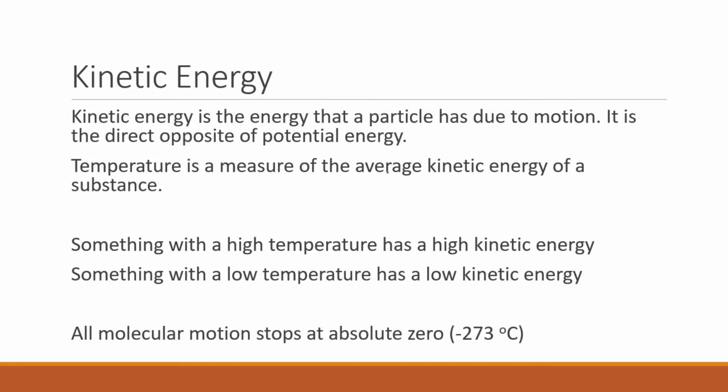Temperature is a measure of the average kinetic energy of a substance. Which means something with a high temperature has a high kinetic energy. Something with a low temperature has a low kinetic energy. Temperature and average kinetic energy are the same thing.